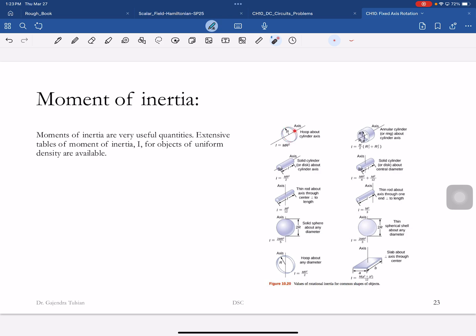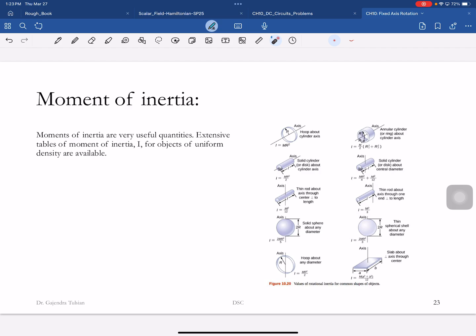For a ring, the moment of inertia about that axis is just mr squared, and so on. The moment of inertia of a rectangular slab about that axis is I = m(a squared + b squared)/12. The moment of inertia of a rod about that axis is 1/3 ml squared.